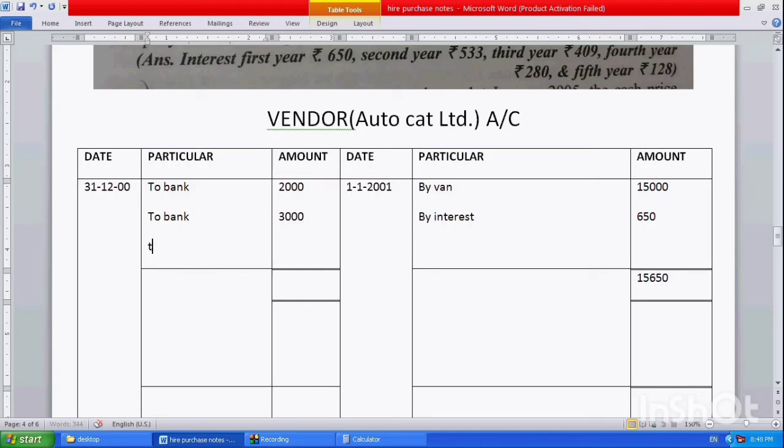Now to balance carried on. Let's see, 15,650 minus 5,000, so overall 5,000 will be left, so 10,650. So let's go for the second year.